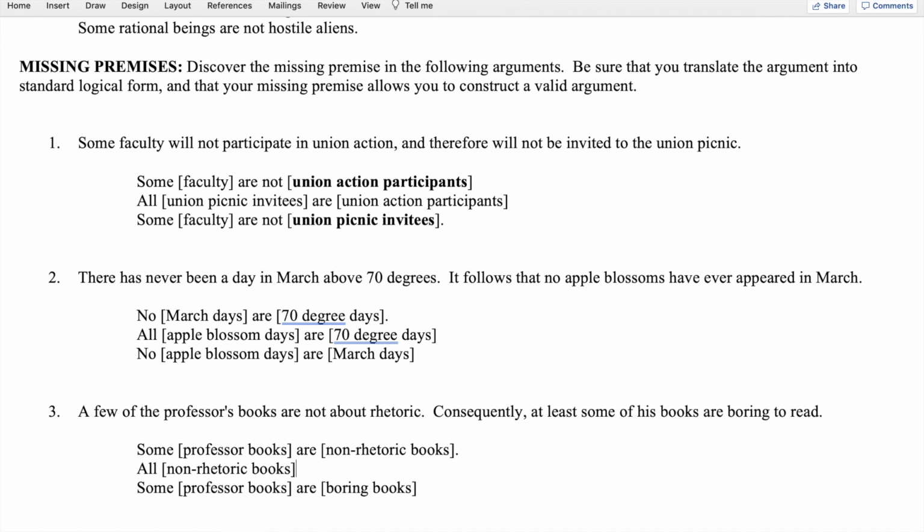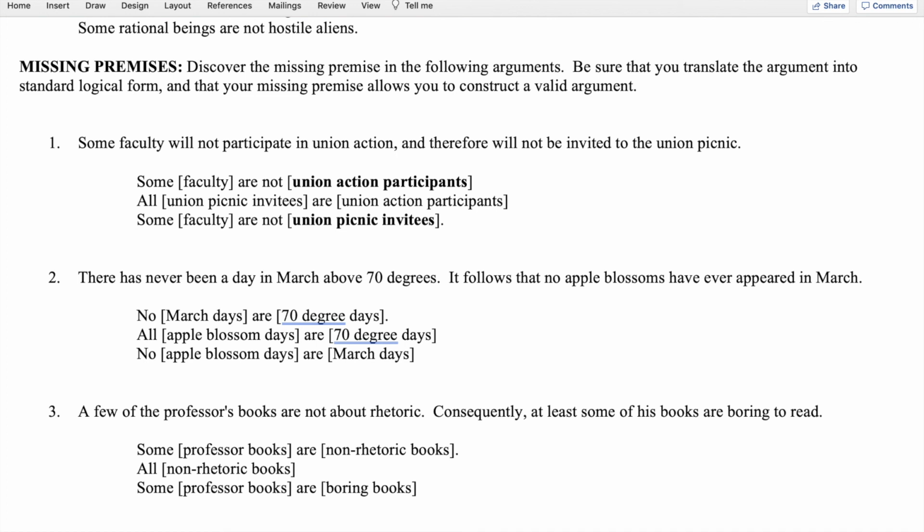Professor books, the first end term, is not distributed in the conclusion. It's not distributed in the first premise. That's equal and fine. But boring books is missing, so that's the missing term in the missing premise. And boring books is not distributed in the conclusion. It's predicate of an affirmative.